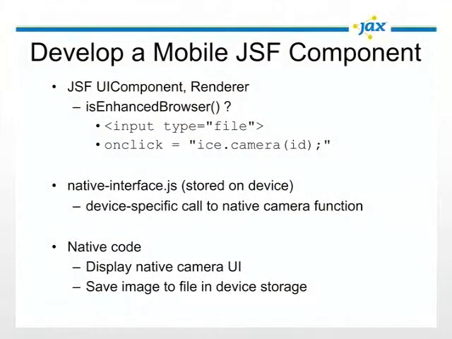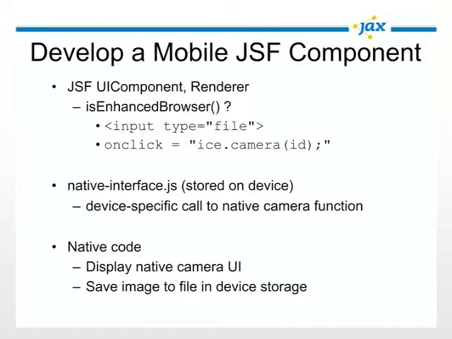Then you'll need to implement native code. Now, the native code is where you'll see the most divergence between the different devices. Android and BlackBerry will be Java code, but it will be very different Java code because you're calling device-specific APIs. So you'll need native code to display the camera user interface, save the image, and eventually upload it.